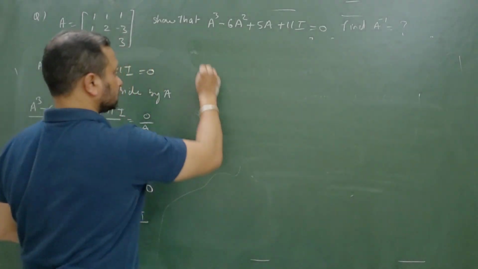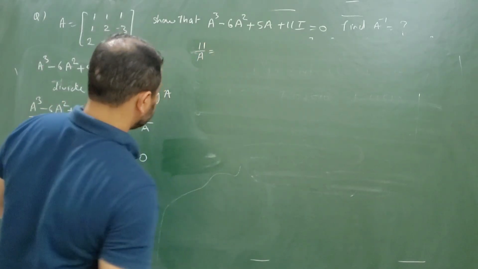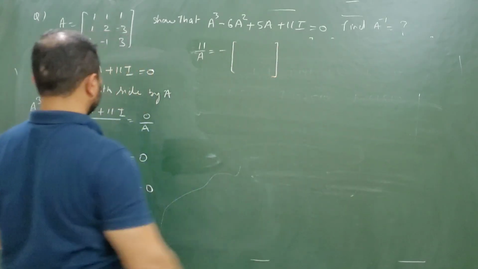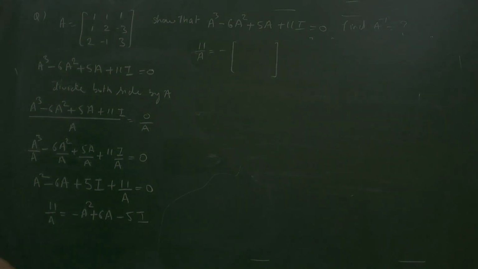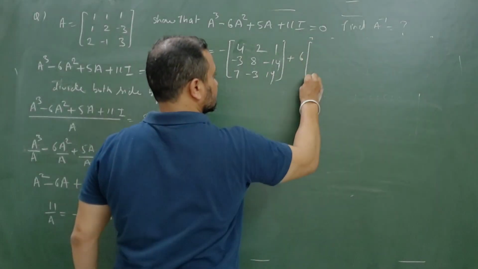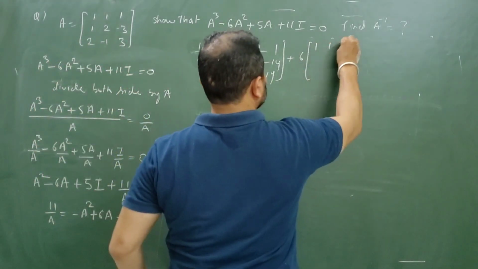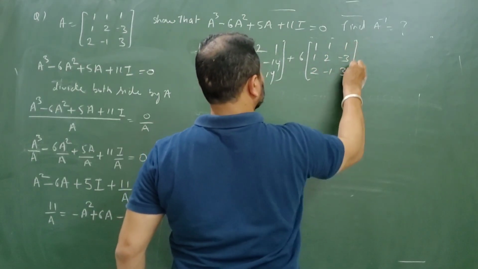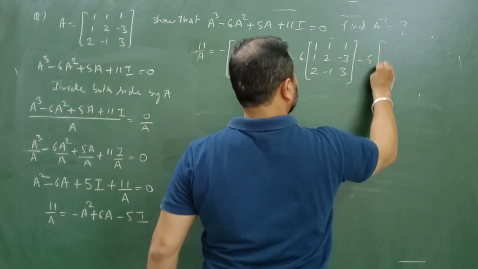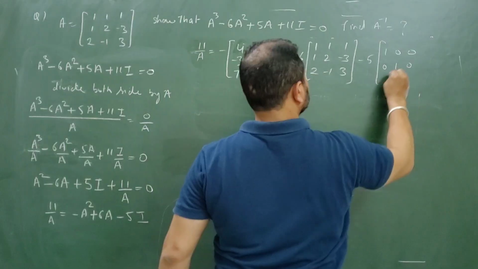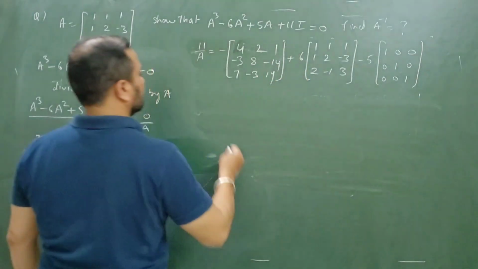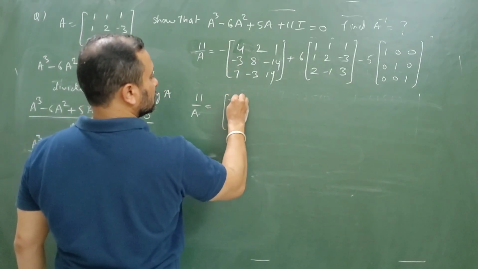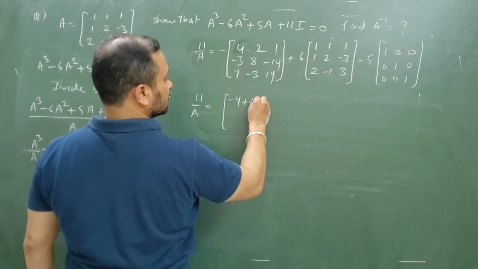Now 11 by A is equal to minus of matrix A square, what did we get? Tell me. Plus 6 of matrix A minus 5 of identity matrix. 11 by A is equal to: it comes -4 plus 6 minus 5.